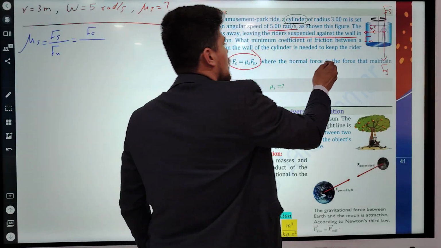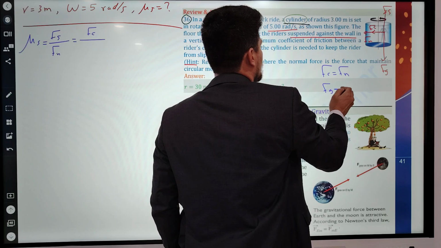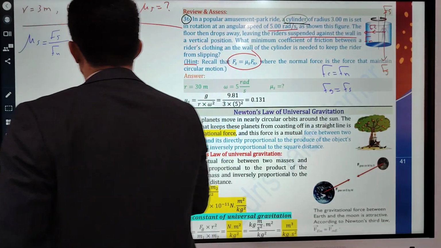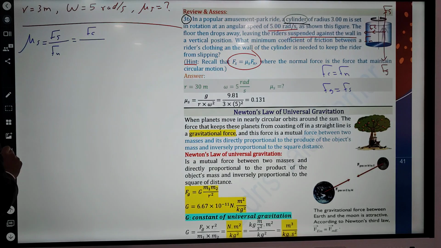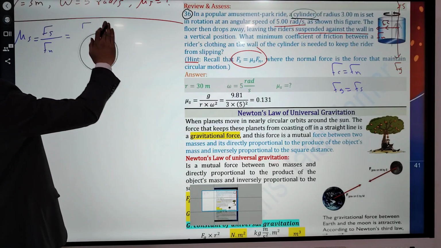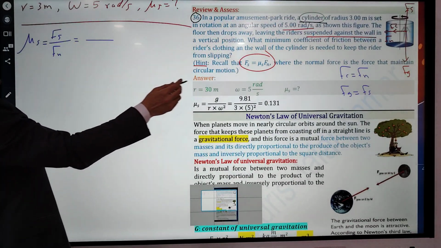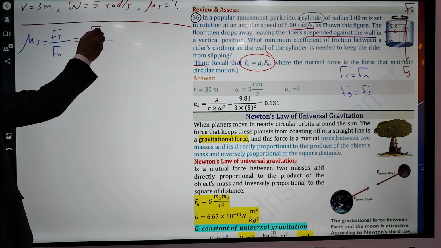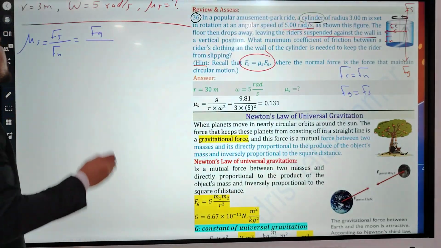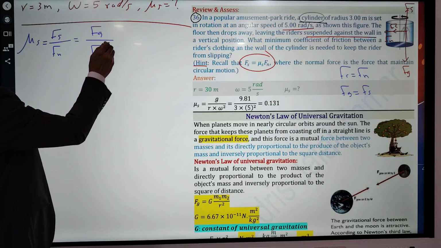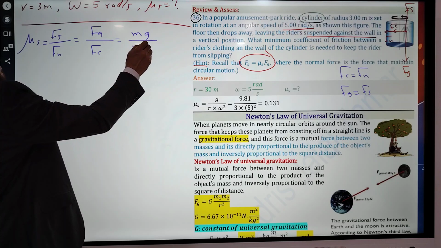Because in the cylinder, Fc is provided by Fn, and Fg is equal to Fs. Look, in the cylinder, Fg is equal to Fs. What about Fn? Fn is equal to Fc. Fg is mg, Fc is mac.